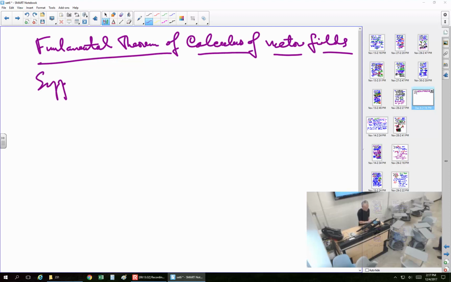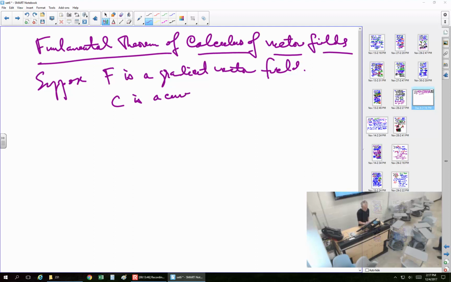So suppose F is a gradient vector field, and suppose C is an oriented curve from A to B, so both points are in R^n.